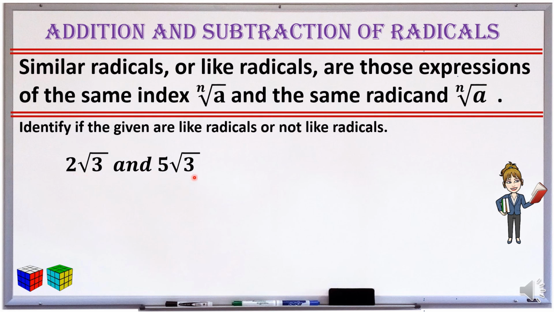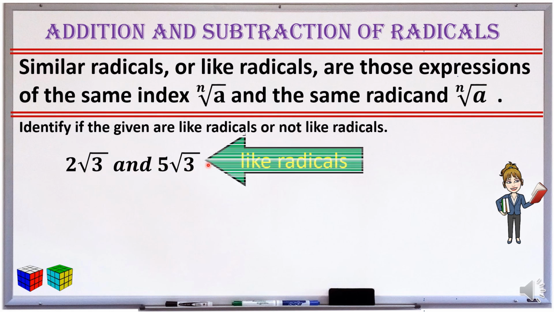On the second expression, we have 5 square root of 3 again. We have an index of 2 and a radicand of 3, regardless of the term 5 outside the radical symbol. Therefore, we have the same indices and the same radicand.